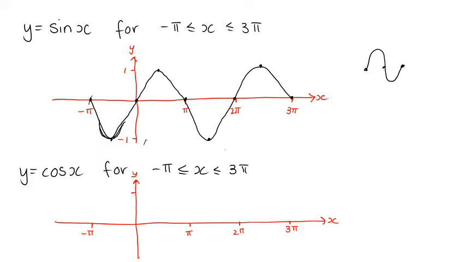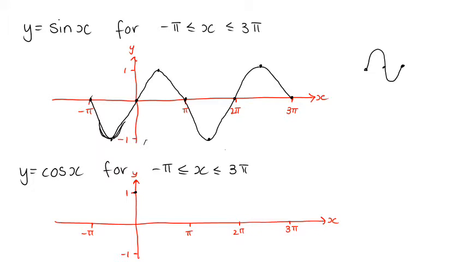We know y equals cosine x has the range between 1 and negative 1. The cosine graph looks very similar to the sine graph, except it doesn't start at the origin, it starts at 1.